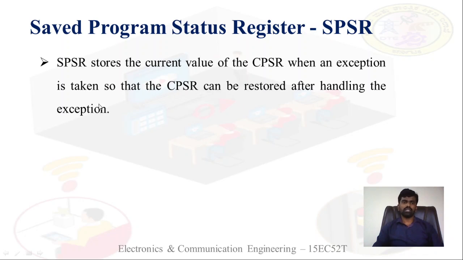For example, the processor executes in user mode, and suddenly some interrupt occurs, for example an FIQ, fast interrupt request. At that time, the processor shifts into that particular mode, which has SPSR_FIQ. That SPSR will store the entire CPSR status value in FIQ mode.